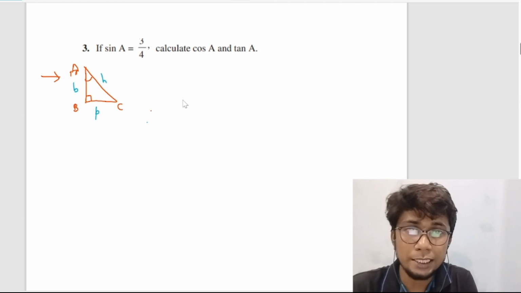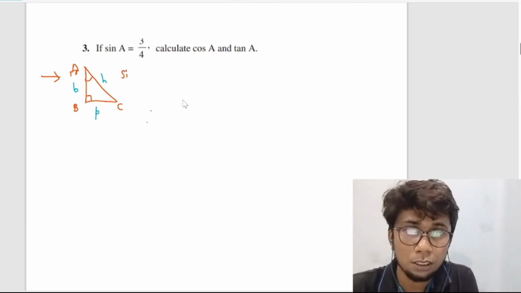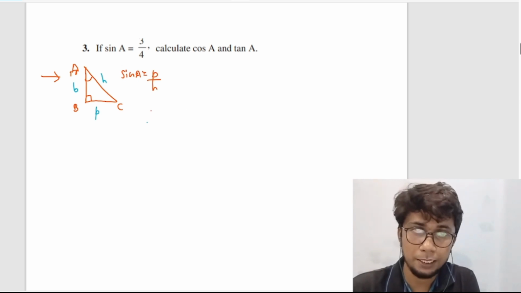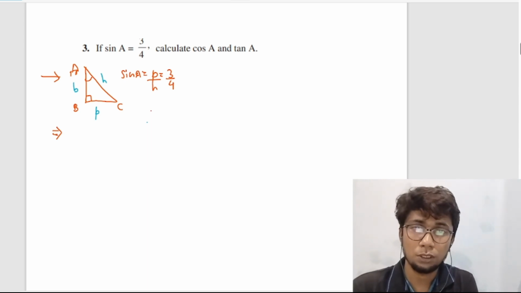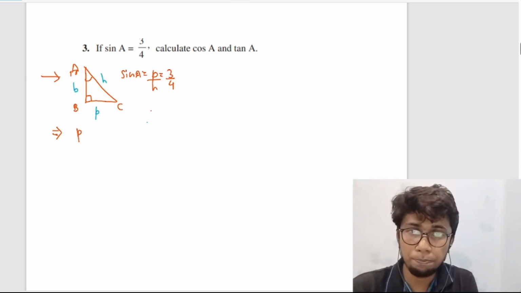So sine A is what? Sine A is perpendicular upon hypotenuse, and it is given 3 over 4. So as I explained in the lectures also, we can consider perpendicular to be 3k, right?